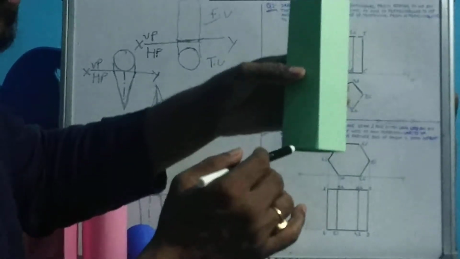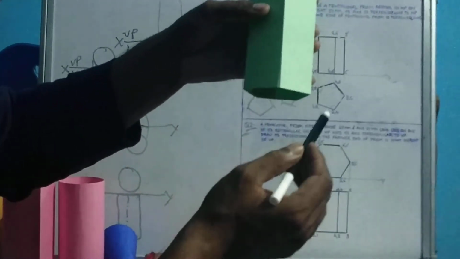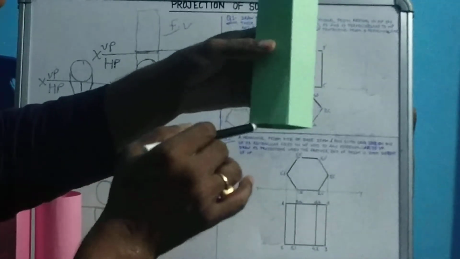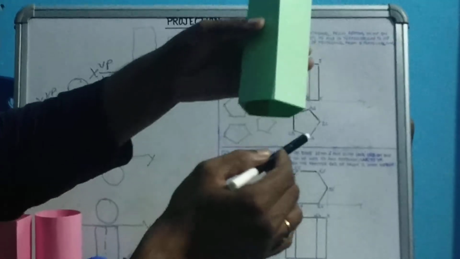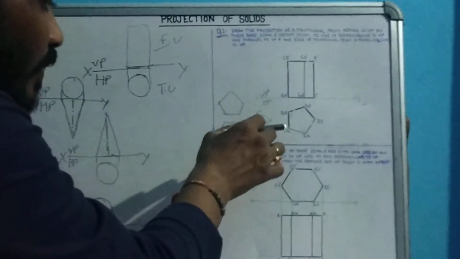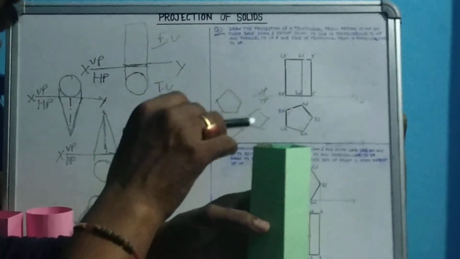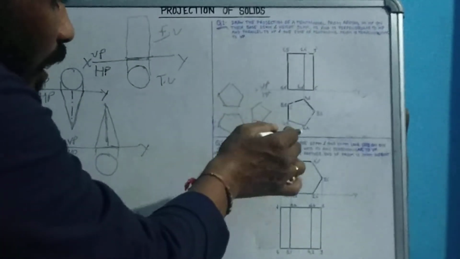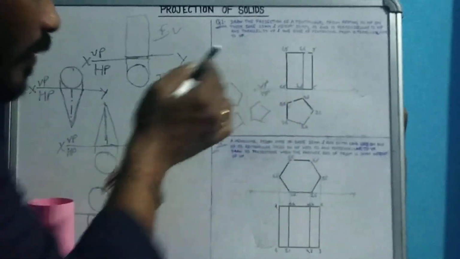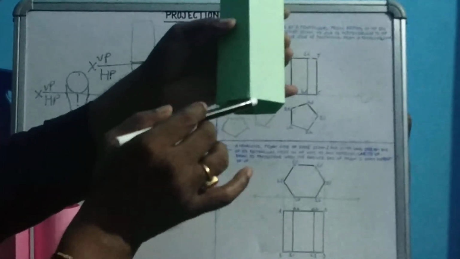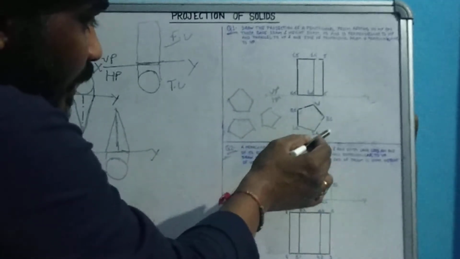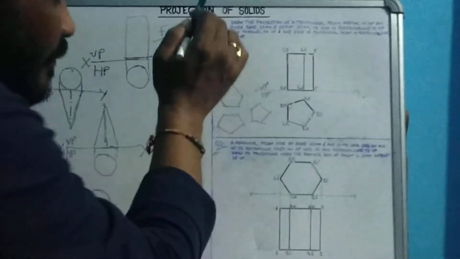And considering the five bottom corners as A, B, C, D, E, with respect to 1, here A, B, C, D, E. This is what I have written here: 1 means upper face, 1, 2, 3, 4, 5; on the bottom, A, B, C, D, E.